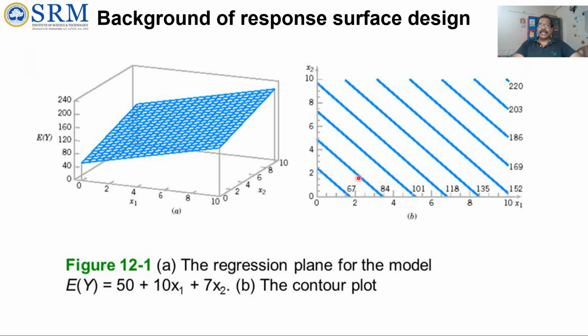For example, if I take a point here and here, x1 is 2 and x2 is also 2, again it comes under 84. Similarly, if you consider 118 here and here, not only this place is 118, here also it is 118. The response will be equal. That is what the linear regression model says.